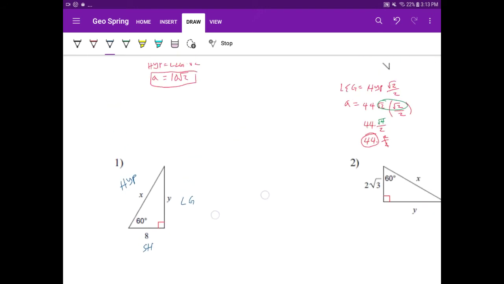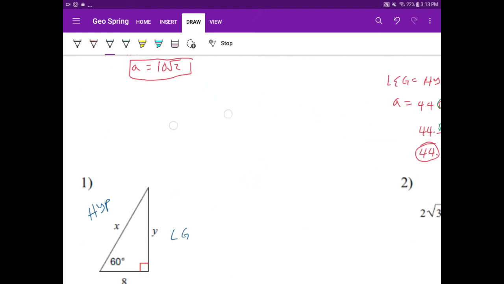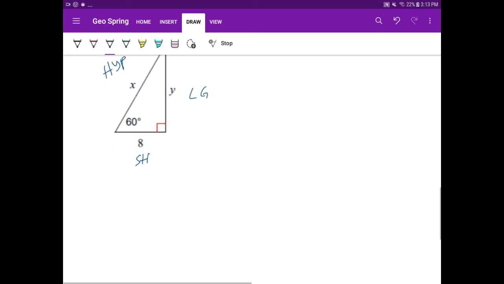Just copy the formulas from up here. Hypotenuse equals 2 times short leg. So hyp is x, 2 times 8. So x equals 16.